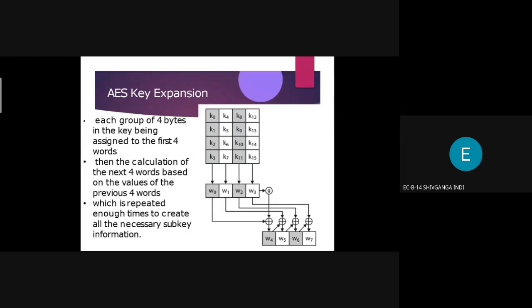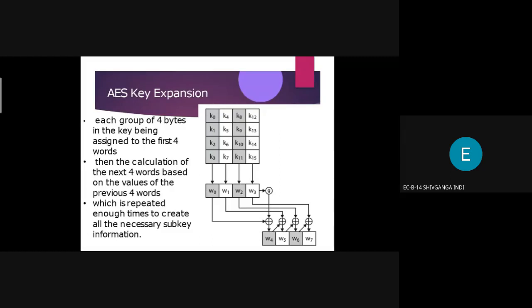After assigning the keys to the words, we can perform the XOR operation. Once we perform the XOR operation, the results can be represented as W4, W5, W6, and W7. In this way, we can expand the key.